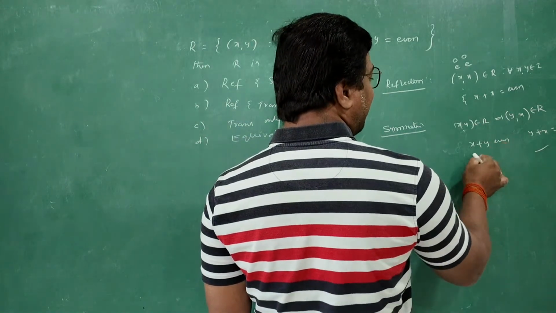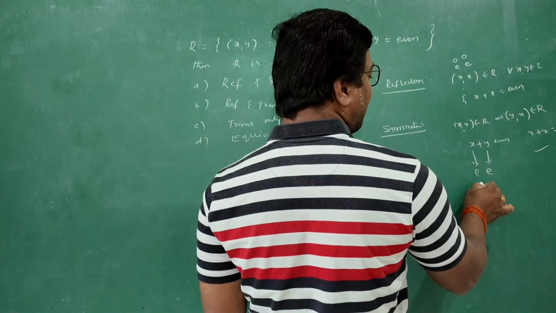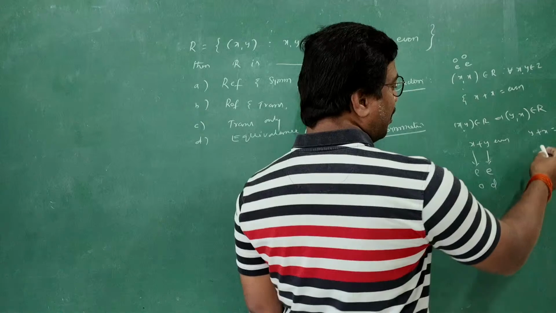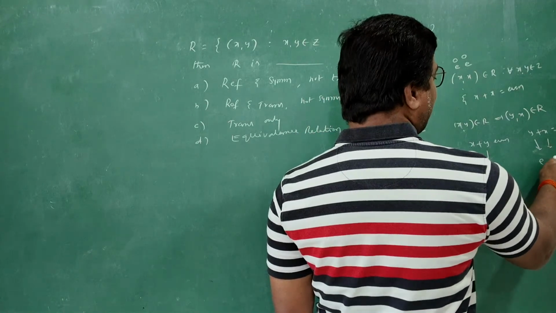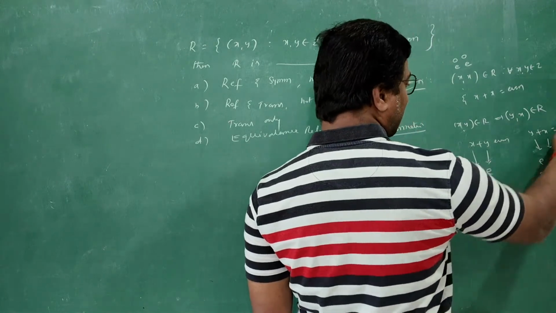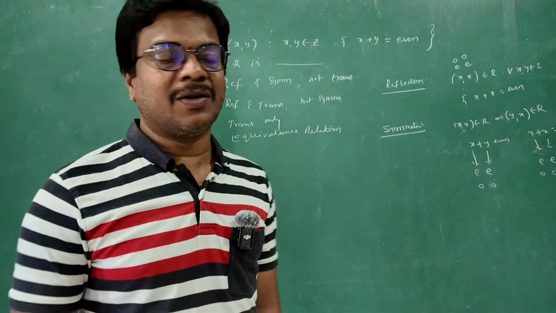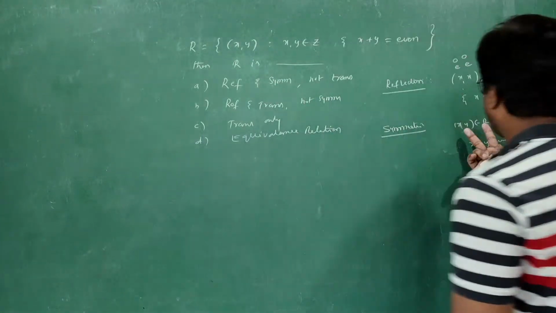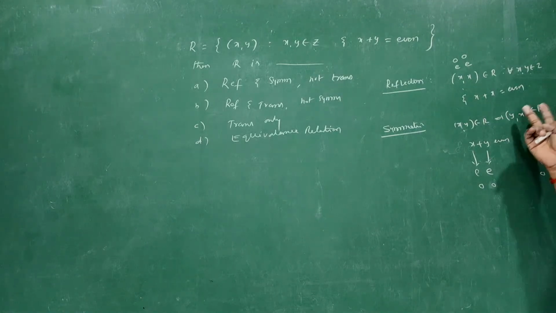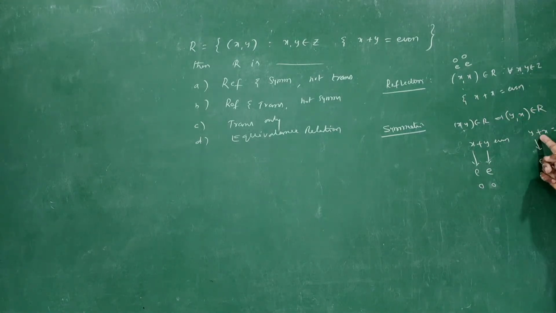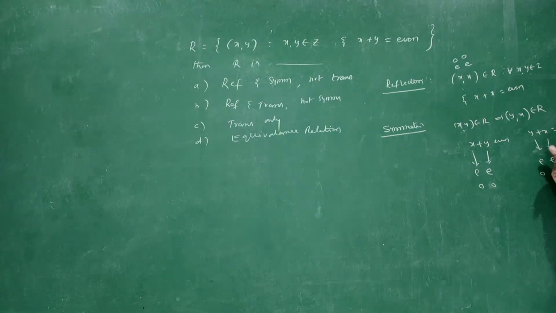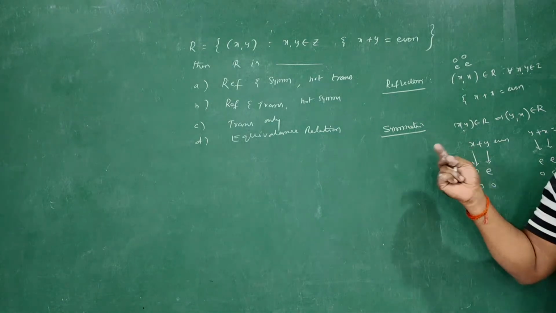Actually, to get even, x and y are both even or both odd. Reversed, again even and odd give even, so it is symmetric. If you interchange x and y, again the sum is even, so it is symmetric.